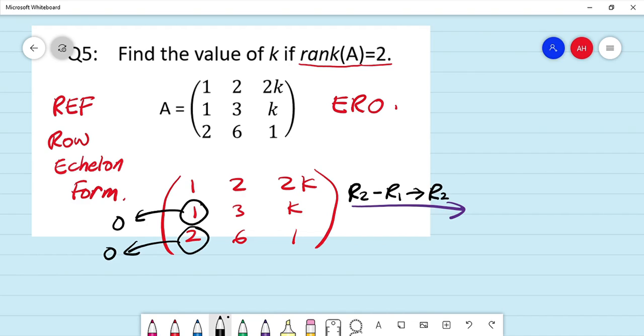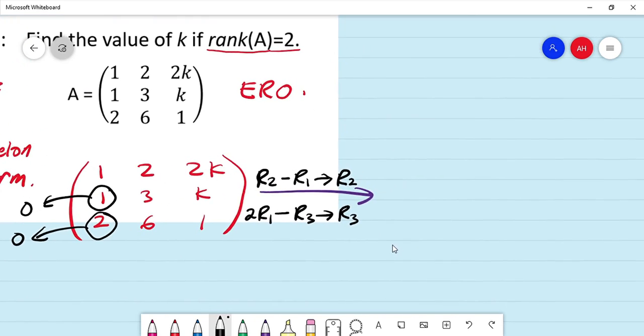For row number 3, to make that number 2 become 0, let's do 2 times row 1, and then we subtract row 3 and write the answer in row number 3.